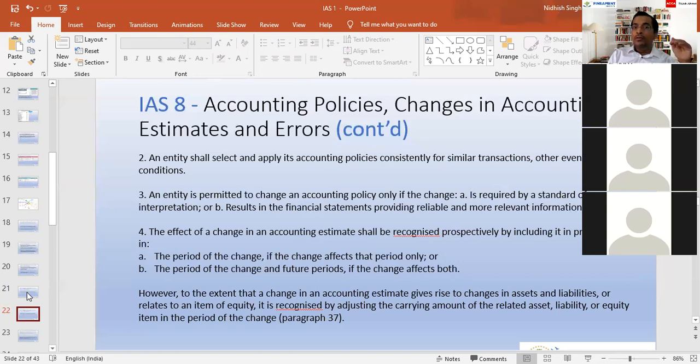And that opening value will go up. Do you agree? If I increase the number of years of the useful life, the opening carrying amount of the asset will be higher, right? Yeah. Okay. Or if I reduce the useful economic life, the opening value will be lower, right?